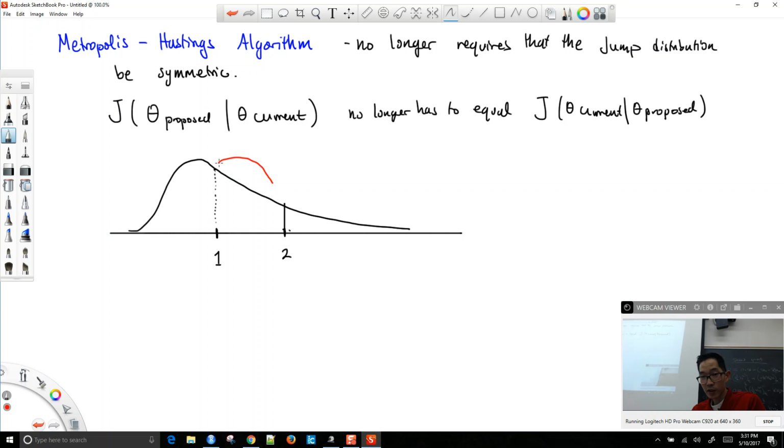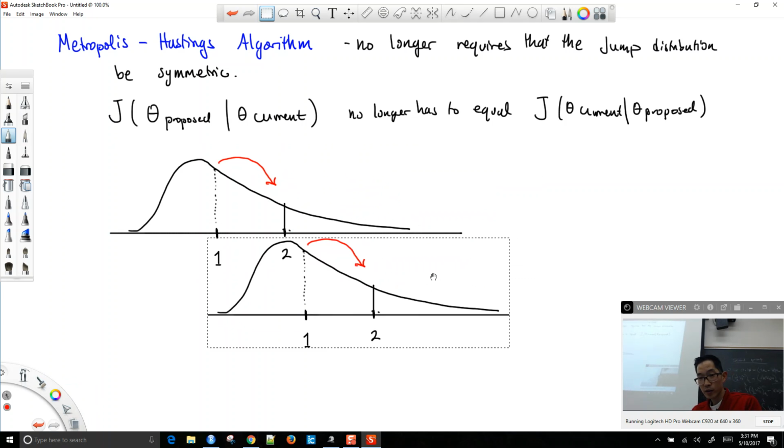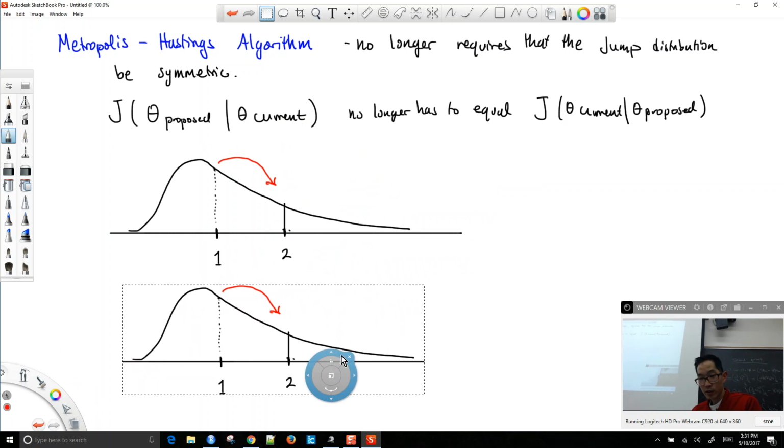This kind of jump is different from, let me reverse this now, going that way.